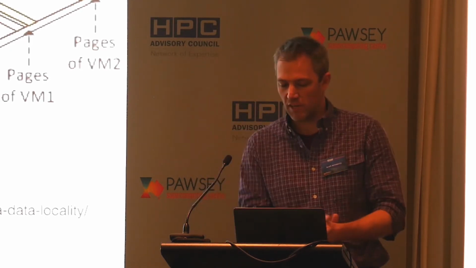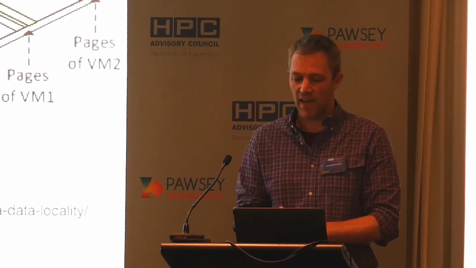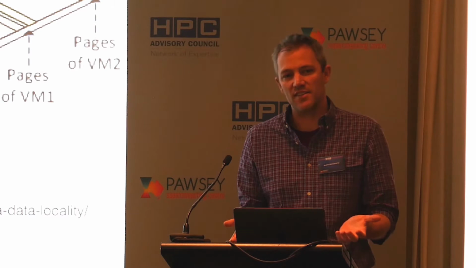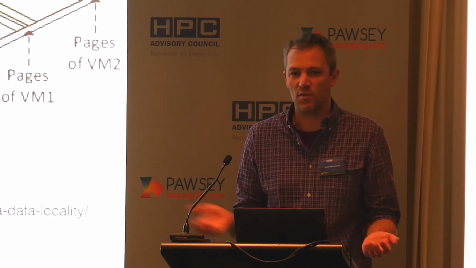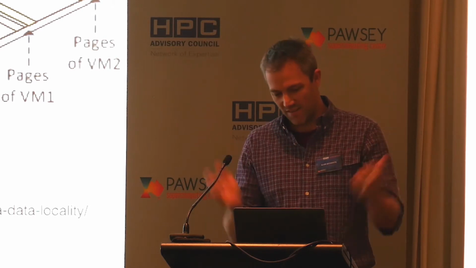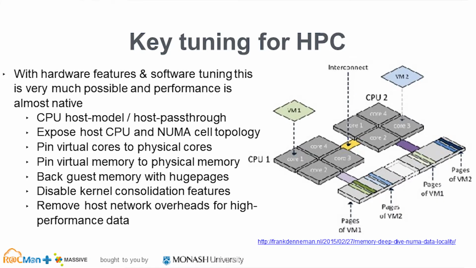So, key tuning for HPC on OpenStack, and really this is not particular to OpenStack. This is really about KVM. It could be applied to Xen as well. VMware have a similar story. The nice thing is that OpenStack exposes all these features quite simply to the end user, and you have a few different choices about how you want to expose that as a cloud architect.